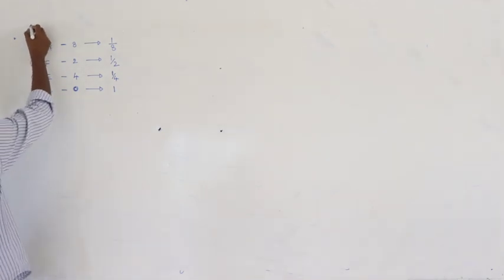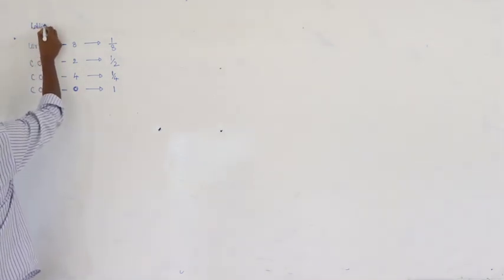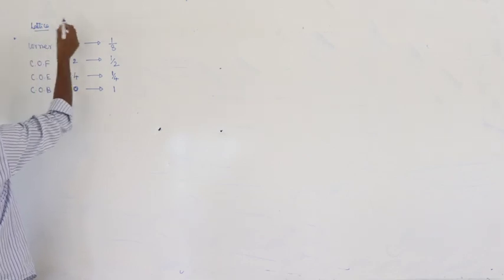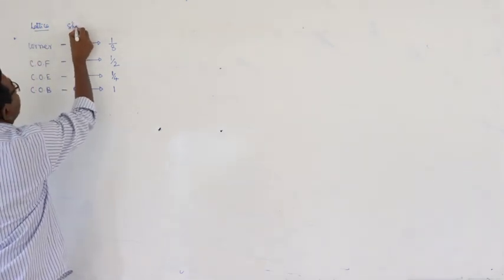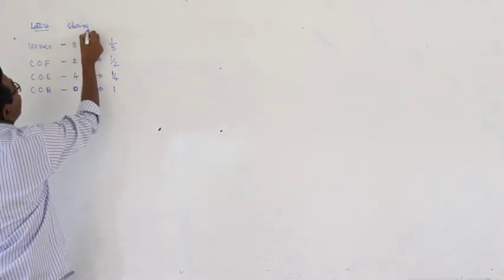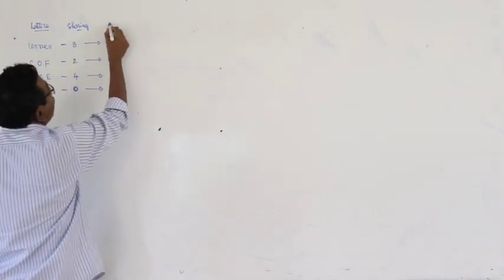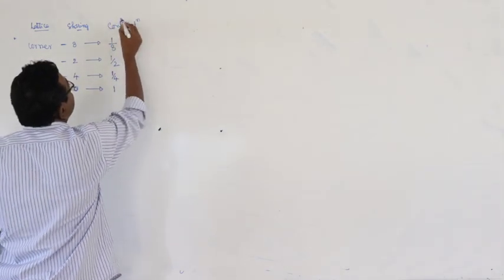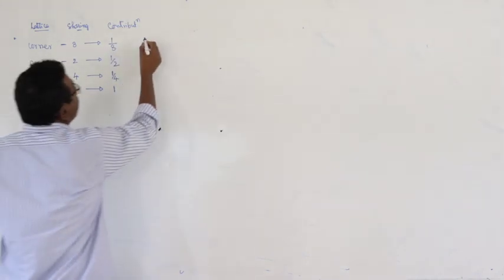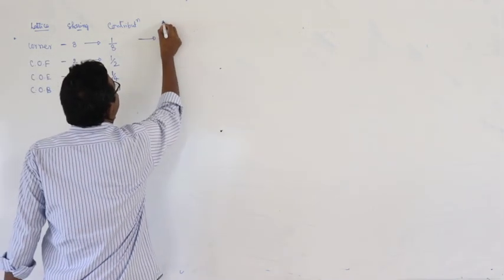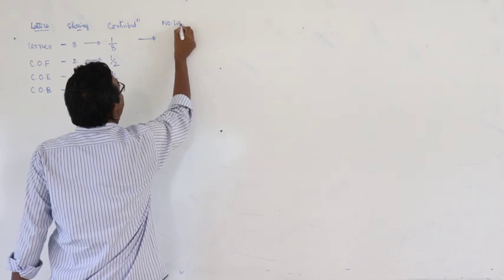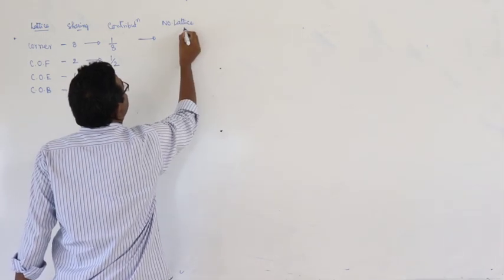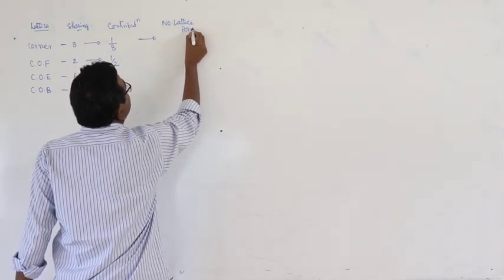And here this is the lattice point, and this is the sharing of ion present at the lattice point, and this is the contribution, and total number of lattice points. Total number of lattice points.